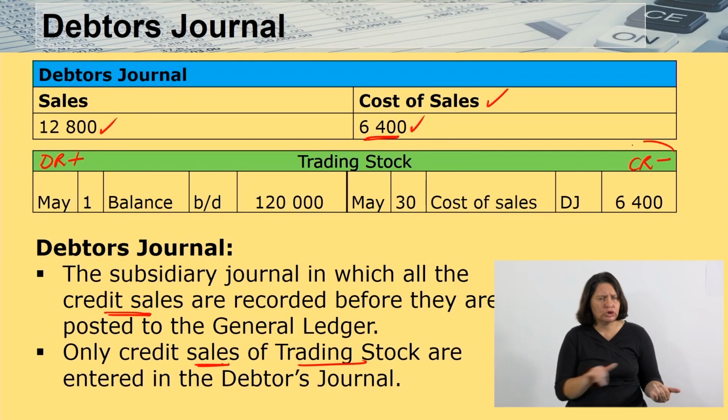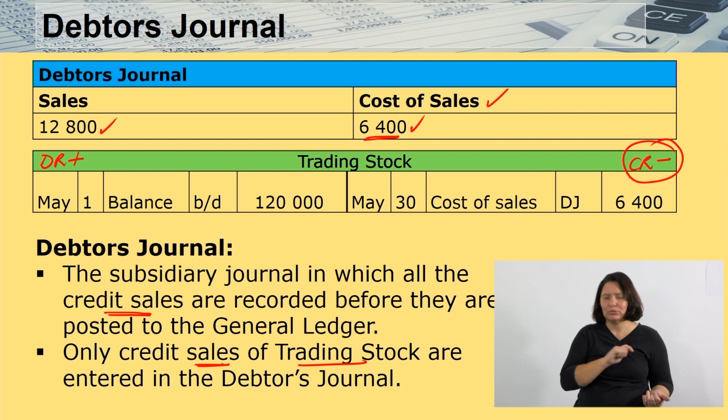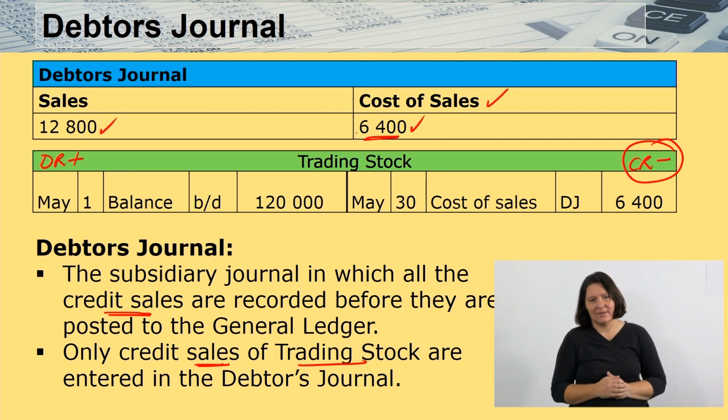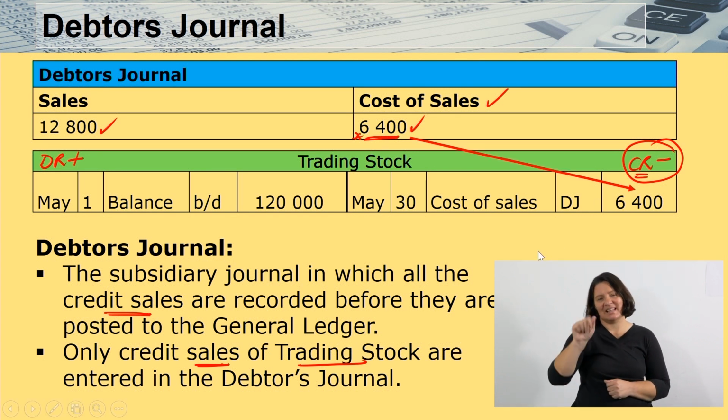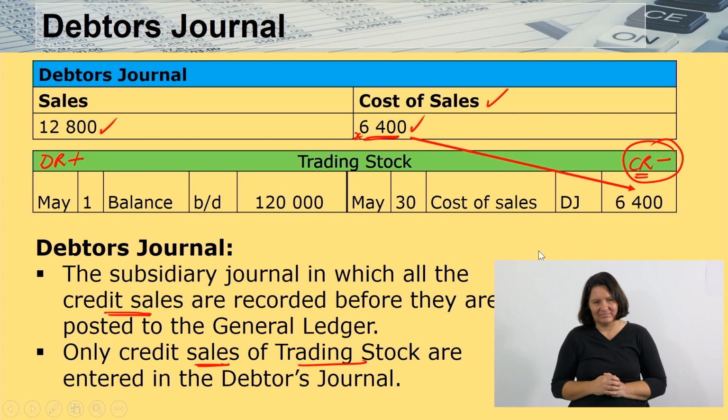It is decreasing my stock. So if it is decreasing my stock, on what side of the stock account will I record it? It will definitely be on the credit side. So you see here my 6,400 on the credit side.